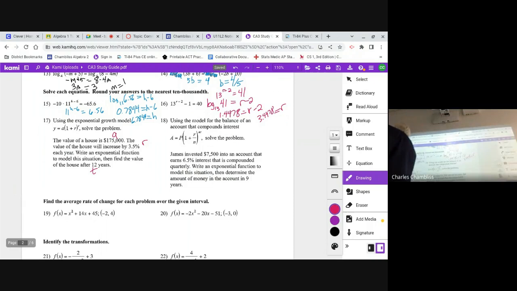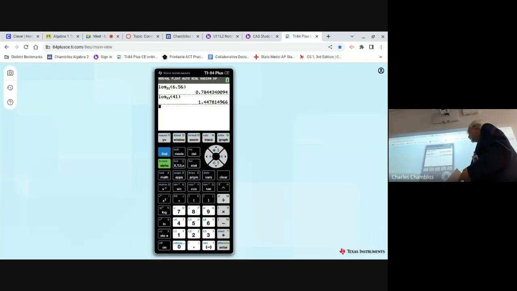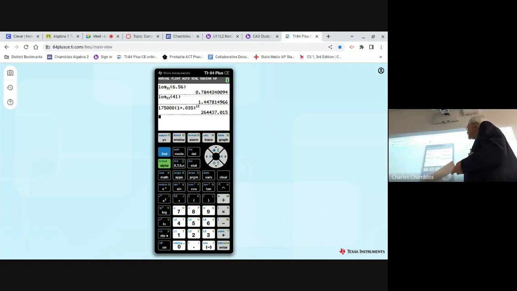So that's going to be 175,000 times 1 plus 0.035 to the 12th. And I calculate that. $264,437.02.